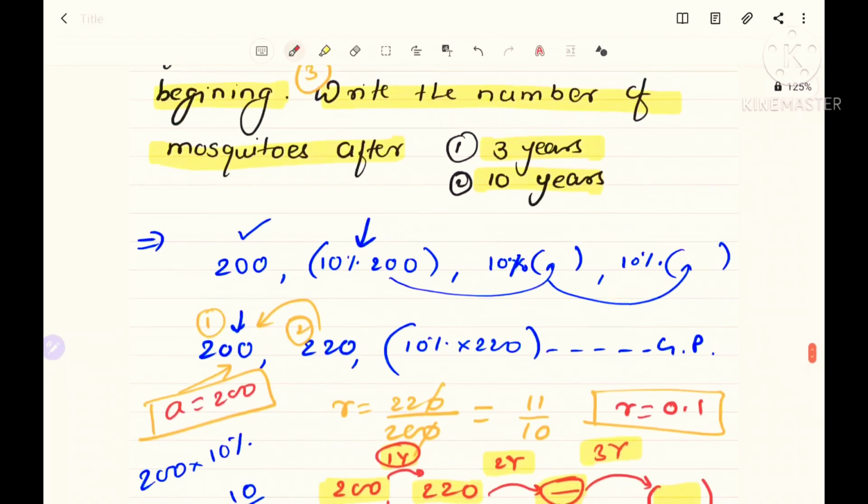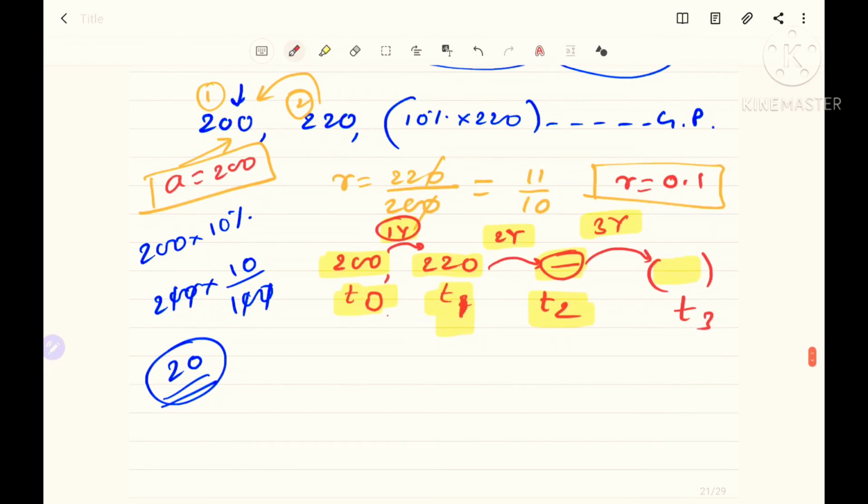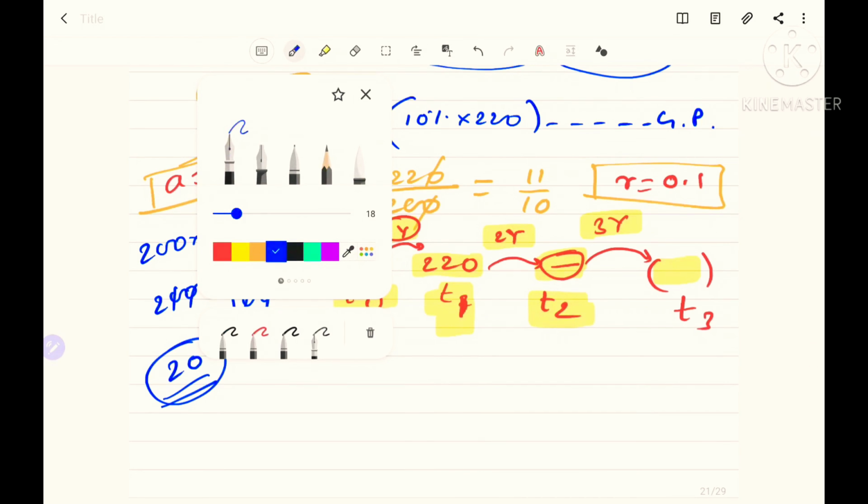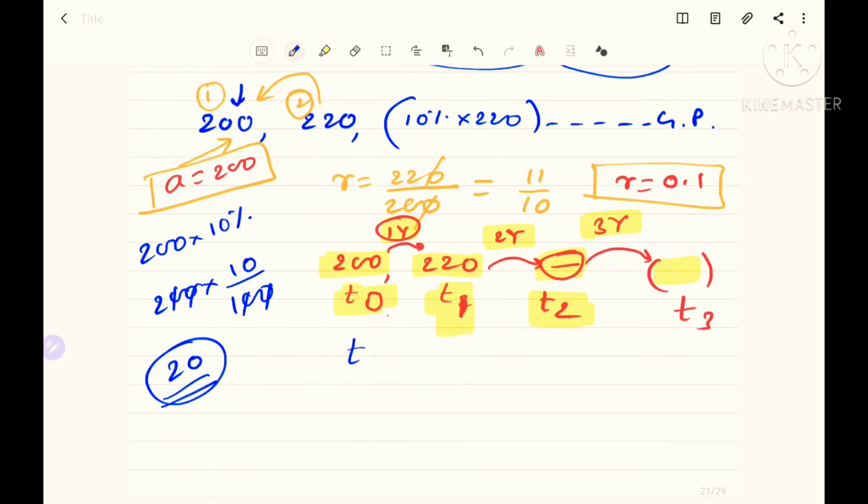Okay, then they want the situation after 3 years. So technically speaking, friends, as far as terminology is concerned, if I assume a geometric progression, this is T1, this one is T2, this is T3, and this is T4, right? If you observe it carefully, this is the thing they want.